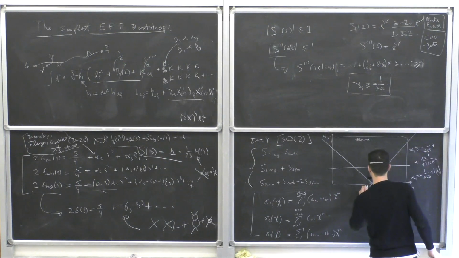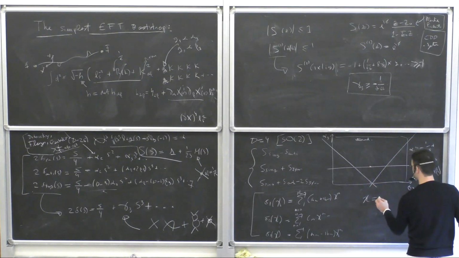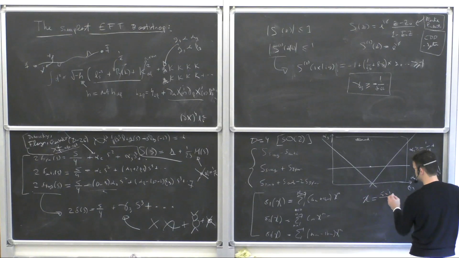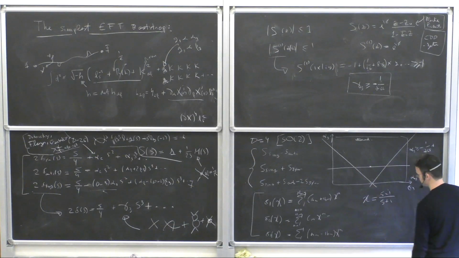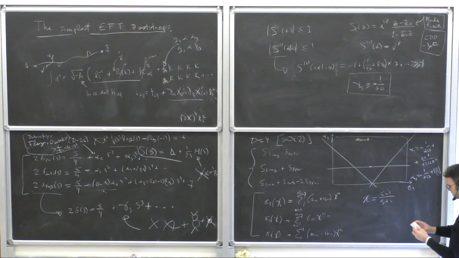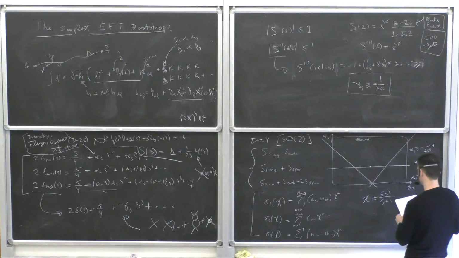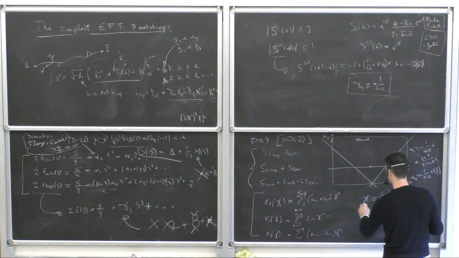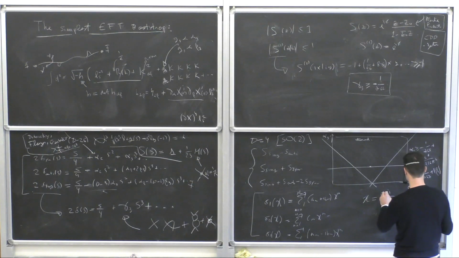So chi is a Moebius transform of this type, s minus i over s plus i, okay? So what this does, I think I have some pictures. Okay. Sorry, let me write it better.